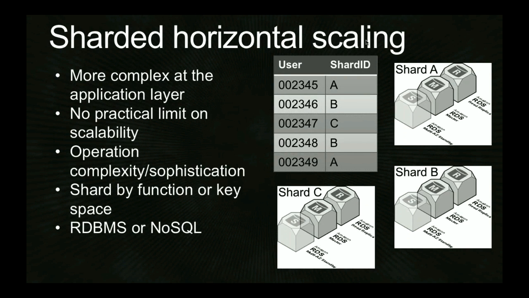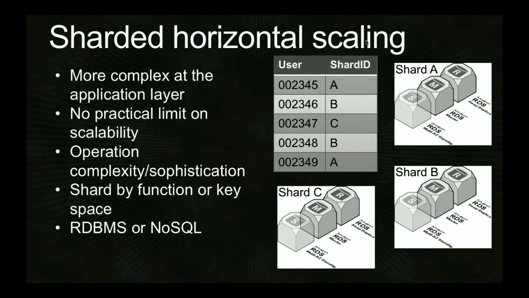So you have, for example, a third of your users in shard A, a third of your customers in shard B, and the remaining in shard C. Then you need to know which particular database shard you should contact. Some people use, for example, hashing algorithms, hashing from the customer ID, to determine which database server to use. So you have an additional layer of management and architecture for figuring out which database to use when you do sharding.